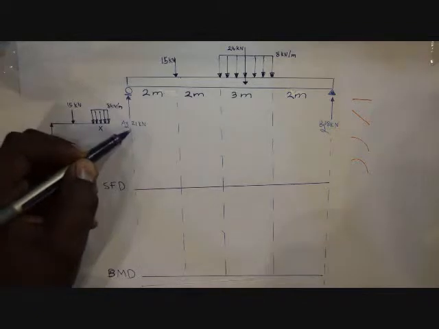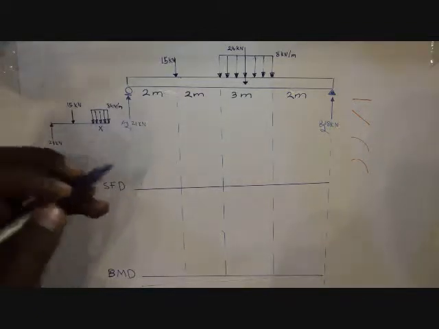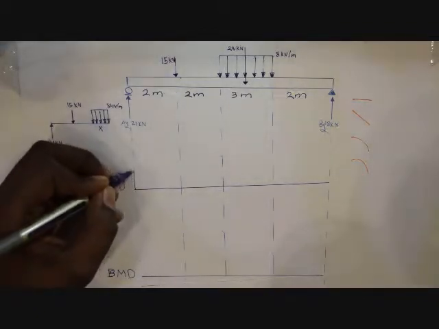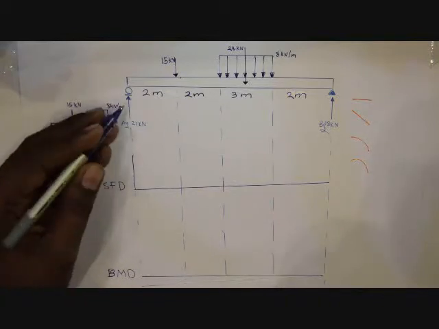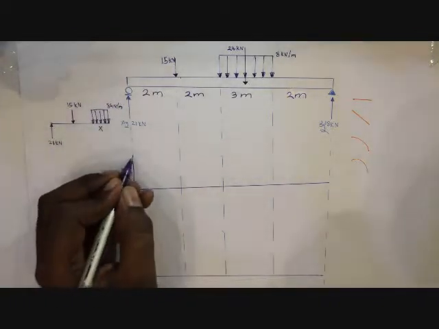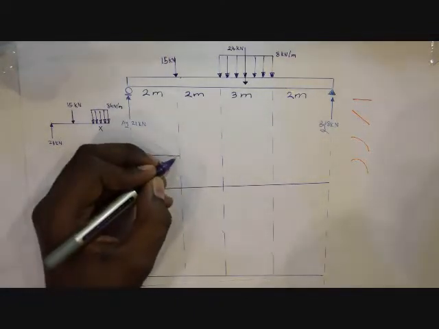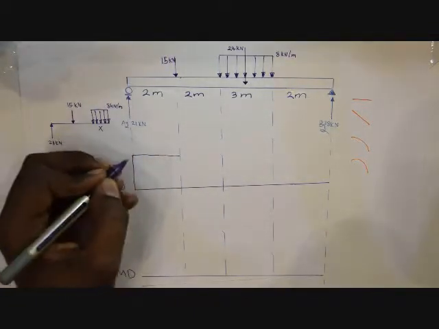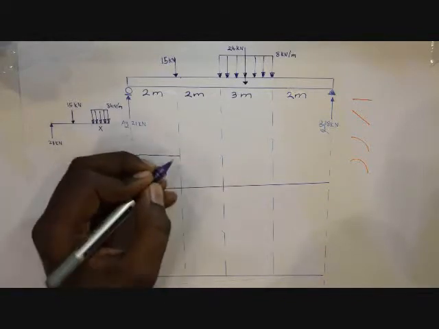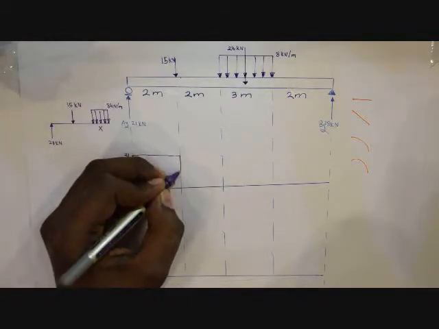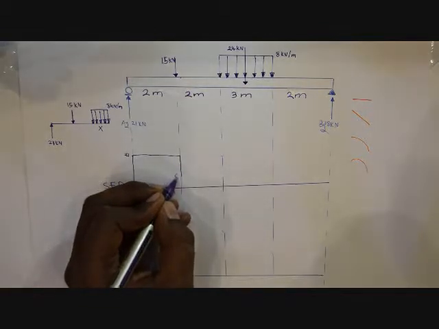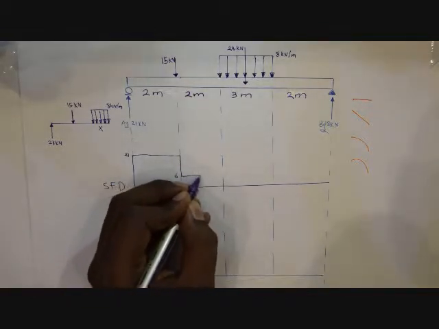So we got a 21, so we move up 21 corresponding to this force, and then nothing here, just travel, and then move down 15. So 21 minus 15 is 6, and nothing here.